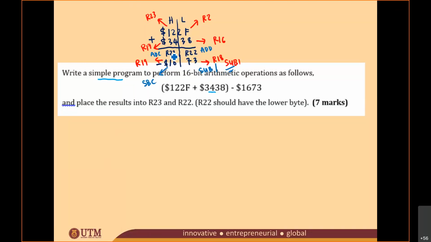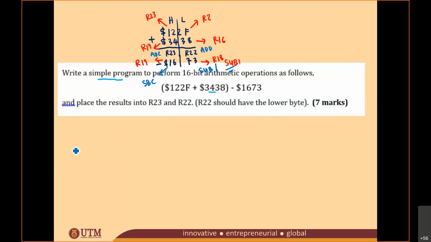And then this one here, you need to subtract with the carry by using SBC. Why? Because sometimes, after you subtract this number, you might need to borrow from the higher byte. So that's why we use SBC at our higher byte.